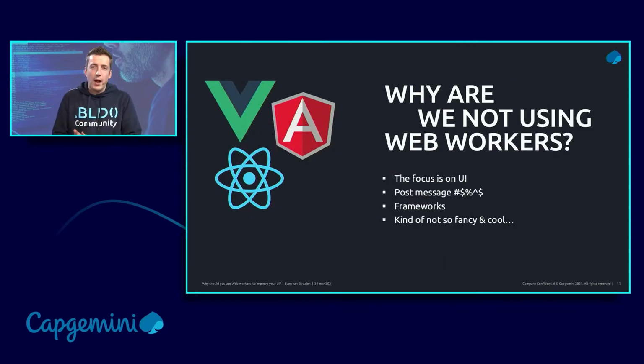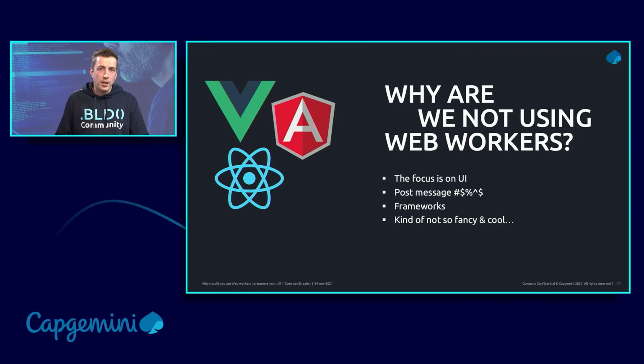So why are we not using these web workers? Because most of our applications that we create are forms and are not that extreme applications that will need it at this moment, because they heavily focus on UI. We have these UI frameworks where we attach an input field in Vue to a v-model, and ng-model for Angular, and then it's done.